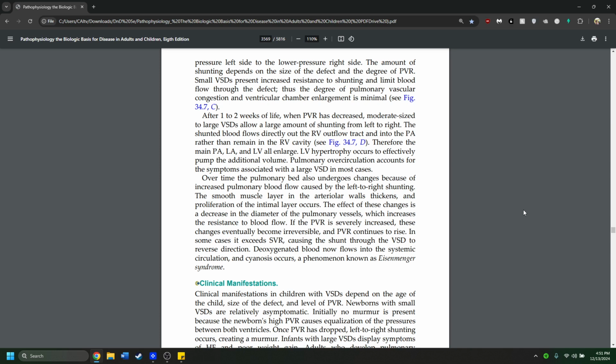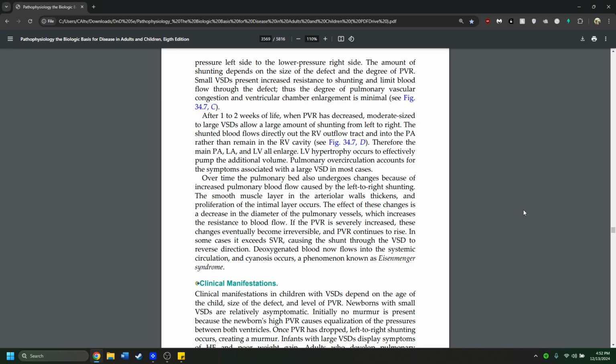After 1 to 2 weeks of life, when PVR is decreased, moderate size to large VSD allow a large amount of shunting from the left to the right. The shunted blood flows directly out the right ventricular outflow tract and into the pulmonary artery, rather than remain in the right ventricle cavity.